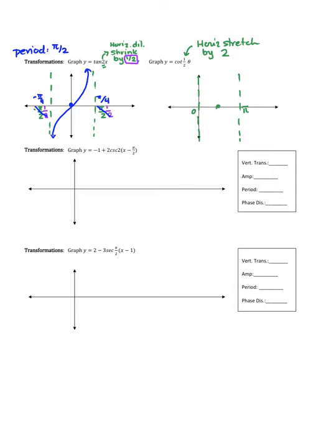Exact same thing. I'm going to multiply. So 0 times 2 is still 0. Pi times 2 is 2 pi. And remember, in the first quadrant, both tan and cotan are positive. So now you start high and you kind of wind down. And there you go. Notice now that your period is 2 pi, which is twice the length of the normal period, which was pi. So that's kind of my trick.